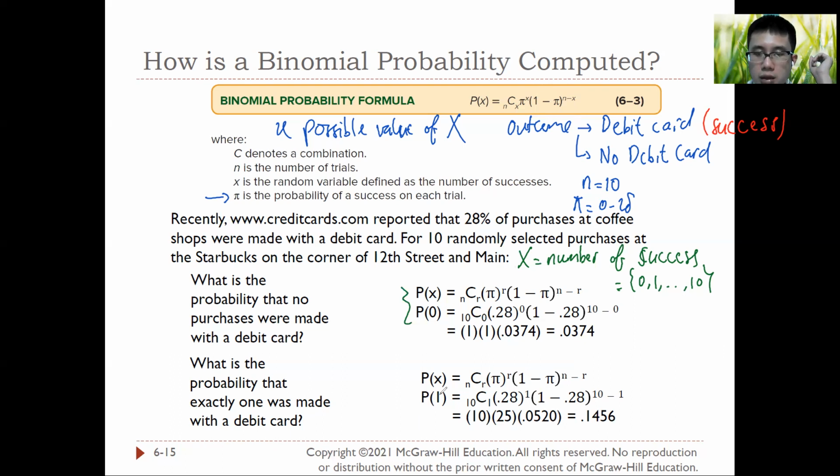And after we calculate the probability, the result is like this. And of course, because our x can be 2, 3, 4 until 10, you have other results.